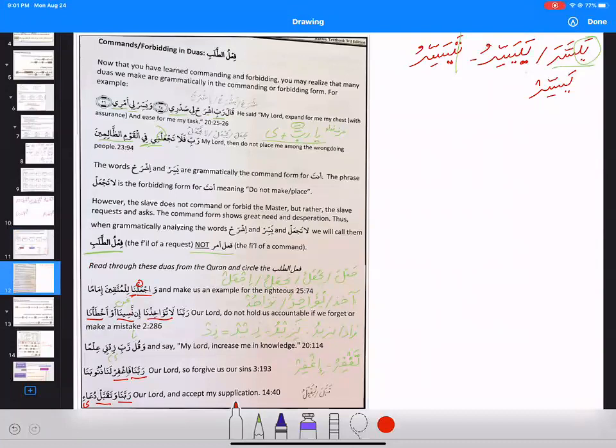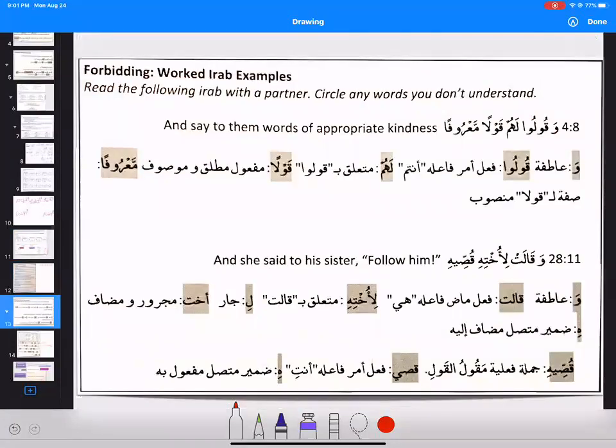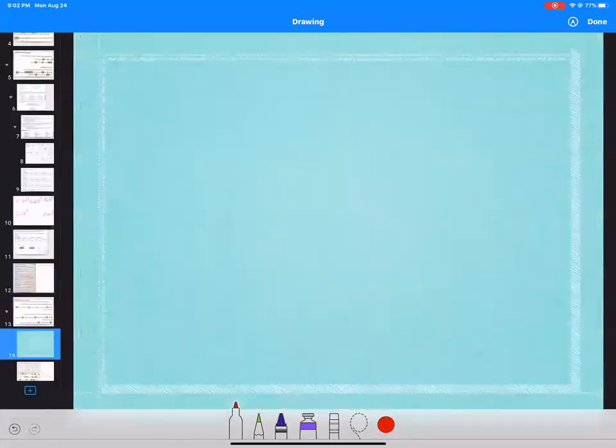Okay, we can do a few examples of fail, commanding and forbidding. So, for example, over here, وَقُولُوا لَهُمْ قَوْلًا مَعْرُوفًا. So, waw is ataf, qulu is fail amar. And how is it fail amar? Okay, basically qala becomes yaqulu.